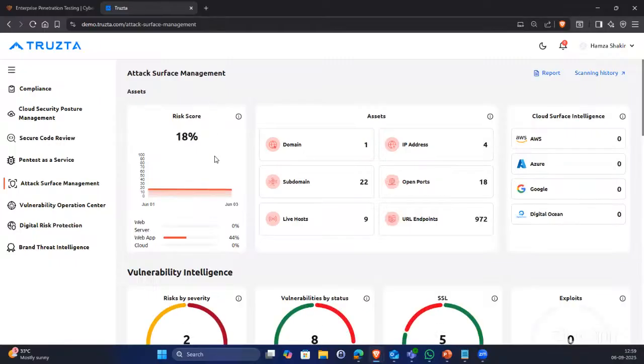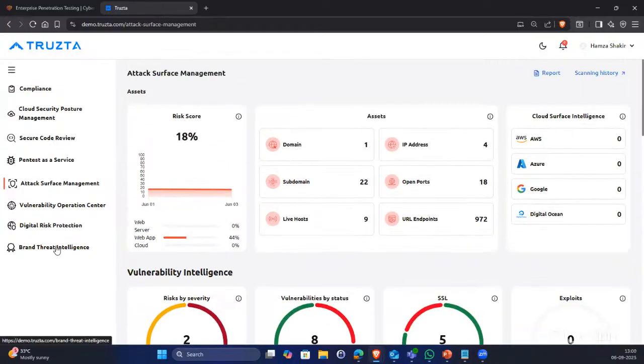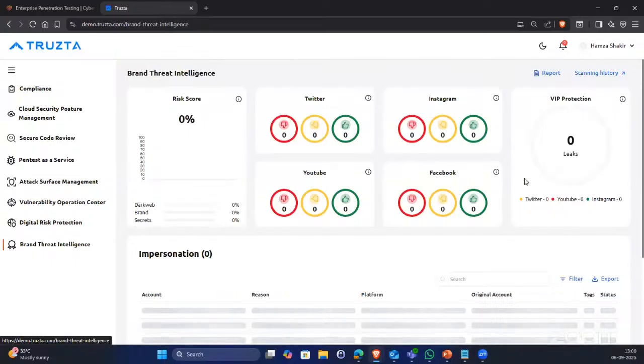It would identify any domains or IP addresses, anything that could have been potentially exposed onto the dark web. It rates them by risk, so if any of them are critical, medium, or low, accordingly you can prioritize them and try to rectify them. And moving over to brand threat intelligence.